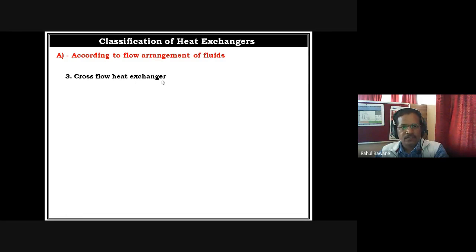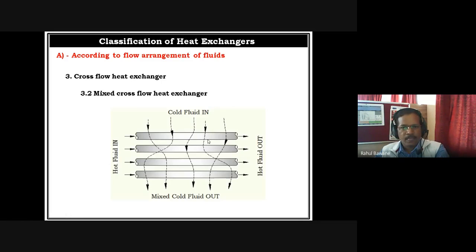Second is the cross flow heat exchanger where it is a mixed cross flow. Remember, we say mixed cross flow heat exchanger when at least one fluid is mixing; then we say it is a mixed kind of heat exchanger. Here, with the same application, hot fluid is moving through the tubes. The hot fluid is not going to mix into the second tube's fluid, so the hot fluid remains unmixed.